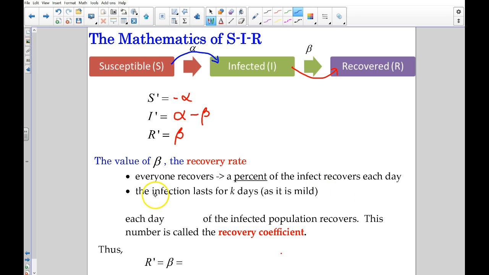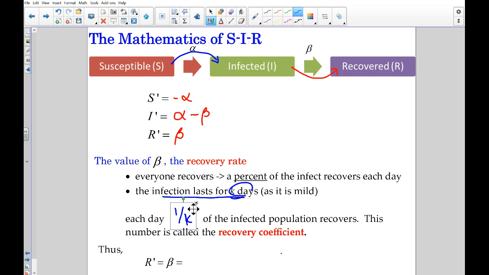So if we know that the infection lasts for K days, that means on average each day 1 out of K people are going to recover.